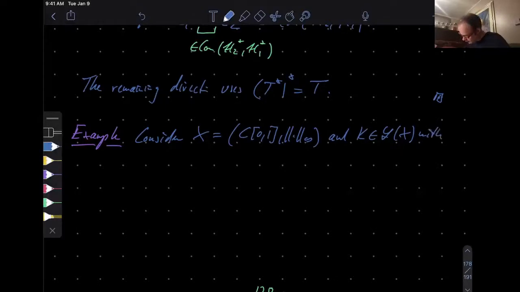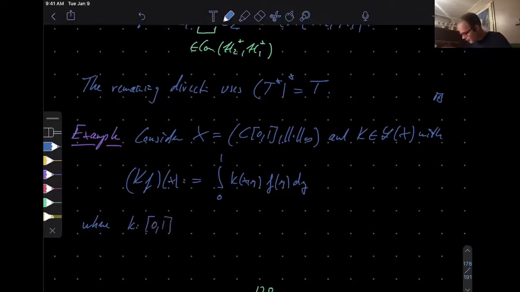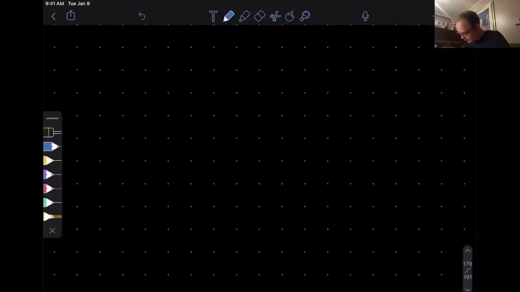So this is our integral operator, Kf(x), which has a kernel, small k, in two variables, times f(y) dy, and the kernel here is a function in two variables which is continuous on that square [0,1] cross [0,1] in R^2, which is compact.